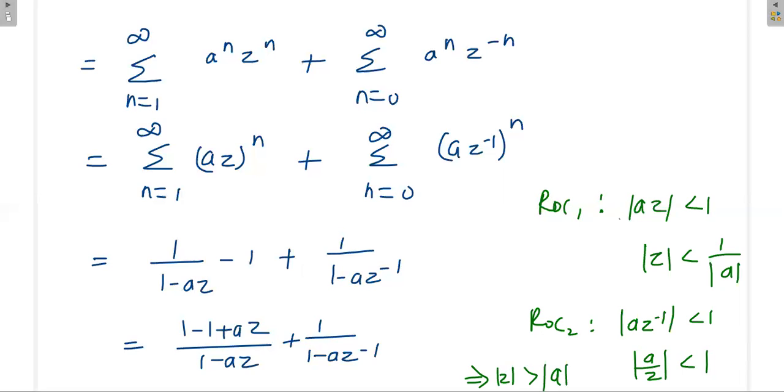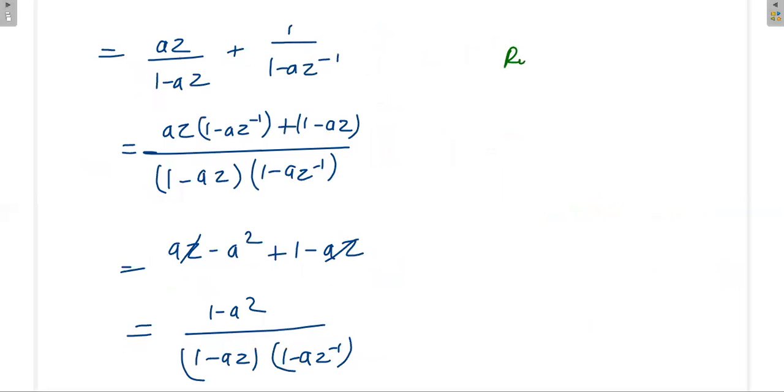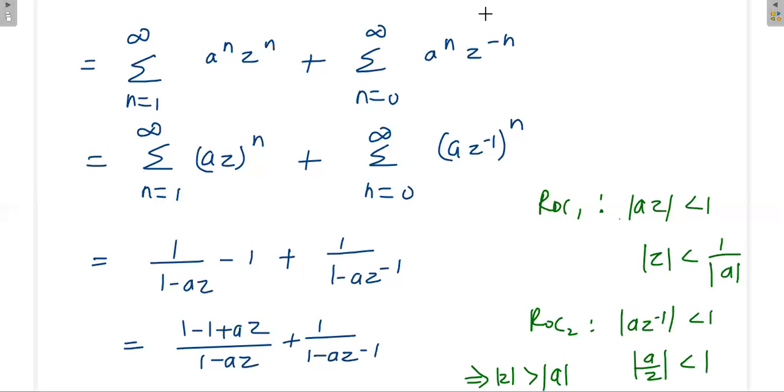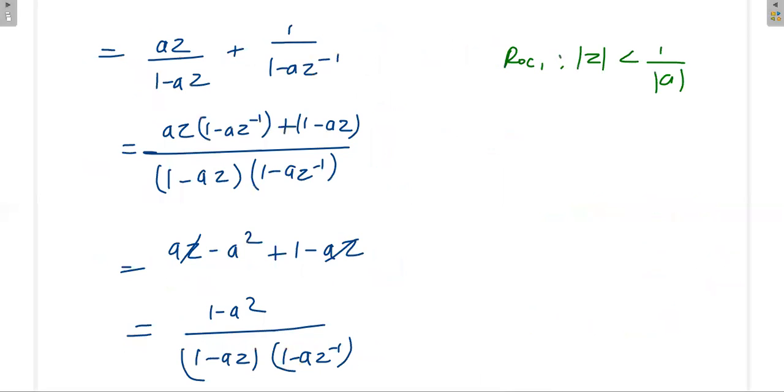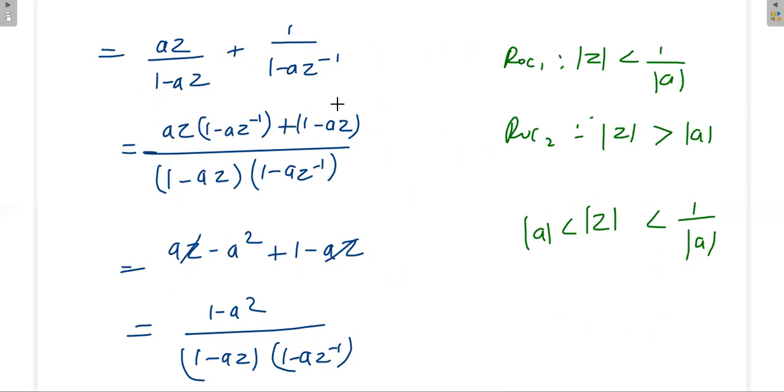So ROC1 is mod z less than 1 by mod a, and ROC2 is mod z greater than mod a. Combined, we can write mod z is greater than mod a but less than 1 by mod a. This is the common ROC.